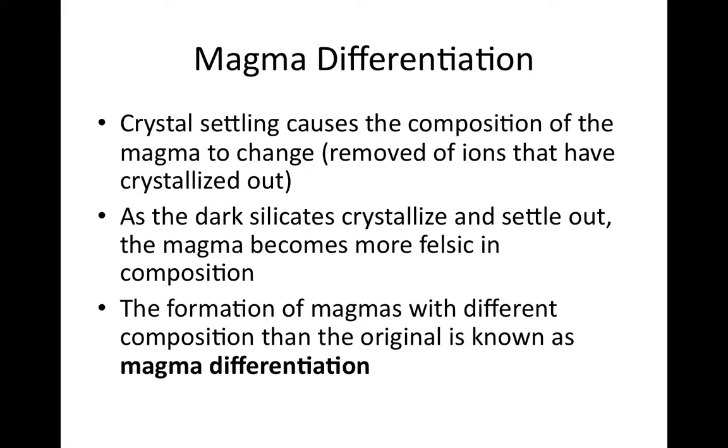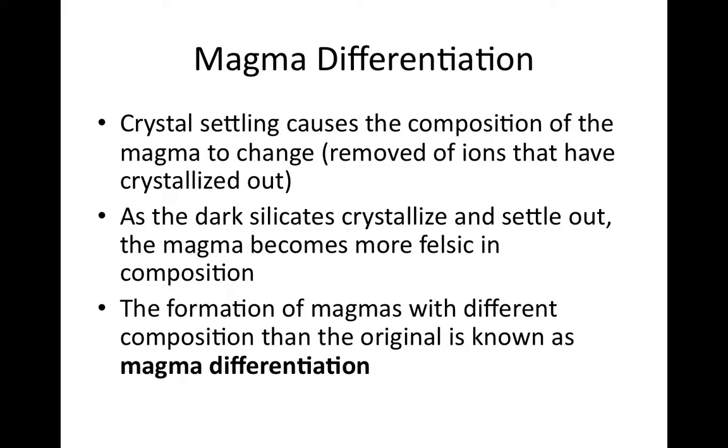This process is called magma differentiation. Crystal settling causes the composition of magma to change by removing ions that have crystallized out, mainly iron and magnesium. As the dark silicates crystallize and settle out, the magma becomes more felsic in composition. And the formation of magmas with different composition other than the original magma is known as magma differentiation.